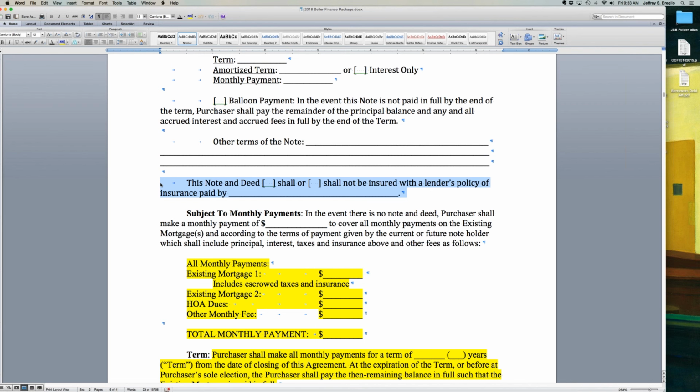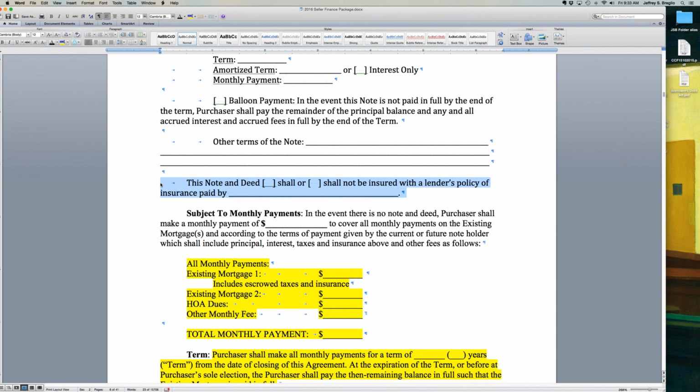This is a part of the closing cost. All banks require this, period. If you ever go get a real mortgage, a bank's going to require this. If you get a hard money loan, the hard money lender is going to require it too. But here, the seller is the bank, and the seller is the hard money lender. And so this is something you negotiate, whether or not they want that lender's policy of insurance.